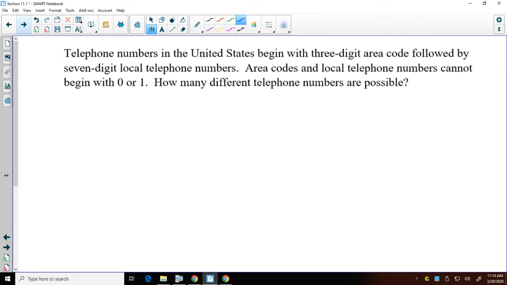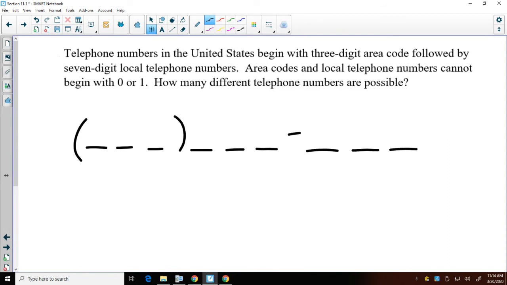Area codes and telephone numbers cannot begin with a 0 or a 1. How many different telephone numbers are possible? So again, all telephone numbers begin with an area code, and then you have 7 digits to follow. Those are what telephone numbers look like.